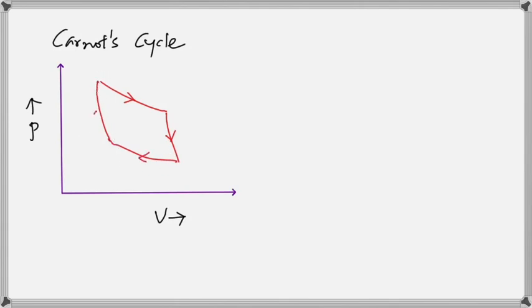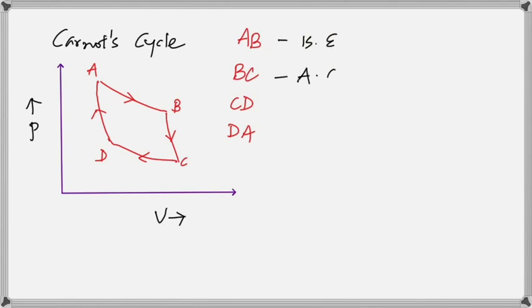So in Carnot cycle, we have two isothermals, AB and CD are the isothermals, while BC and DA are the adiabatics. So we have two isothermals and two adiabatics. If you look at it another way, you have two expansions and two compressions. This AB is an expansion, BC is another expansion, CD is a compression, and so is DA.